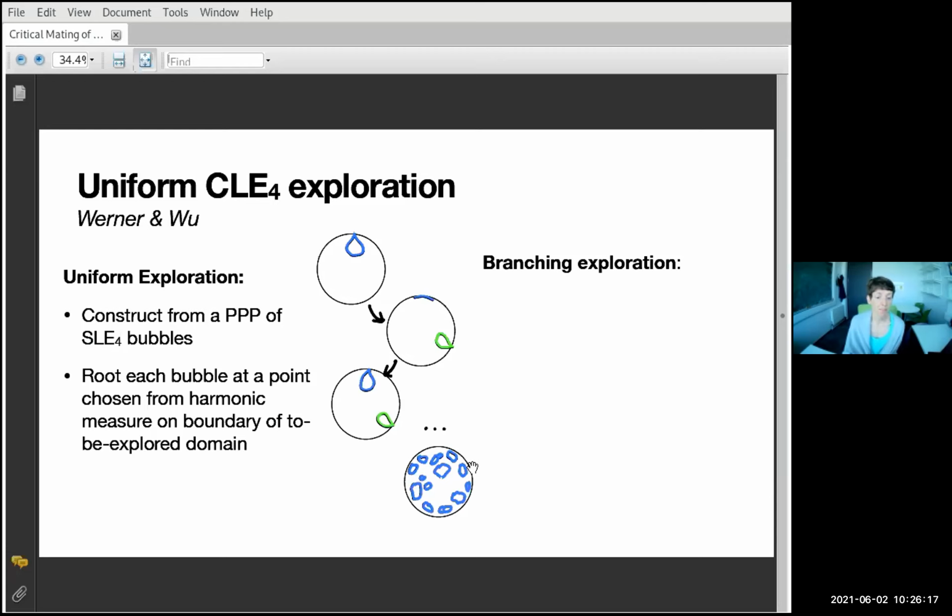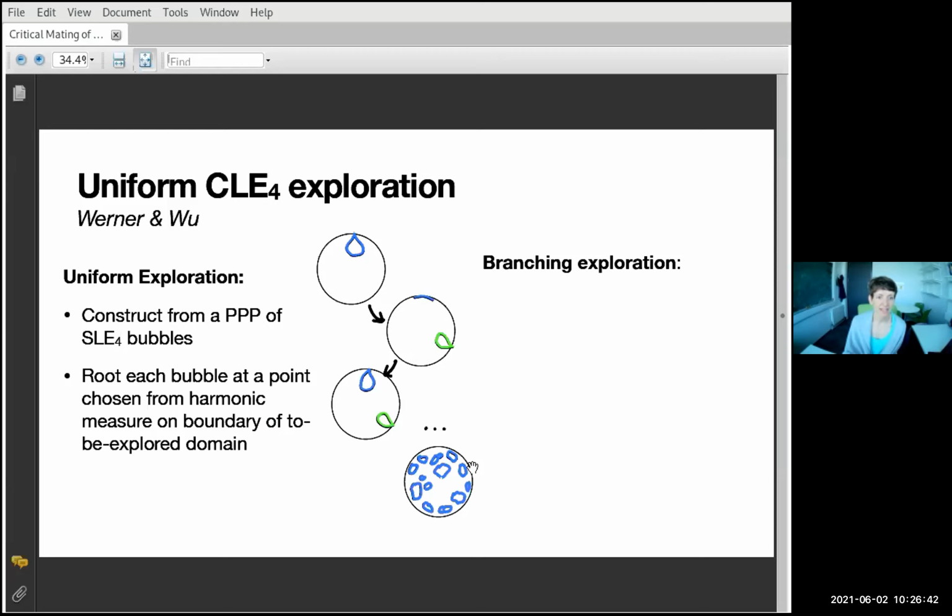This has a very nice property called target invariance. If I take 2 target points, then I can couple the explorations towards those 2 target points such that they coincide exactly until the first time that the 2 points are separated by the loops in the exploration. After that time, they just evolve independently.